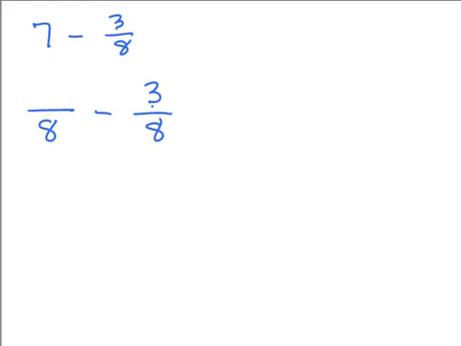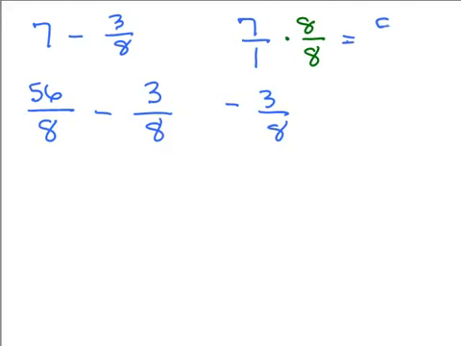Okay, so how would I do that? That's what we just went over. That would be 7 times 8, 56 over 8. That's what equals 7, right? Now, if you prefer to write it like this, remember you could write 7 over 1 minus 3/8. You can say, well, I'm going to multiply by 8 over 8, which is the same thing as 56/8, and then go minus 3/8.